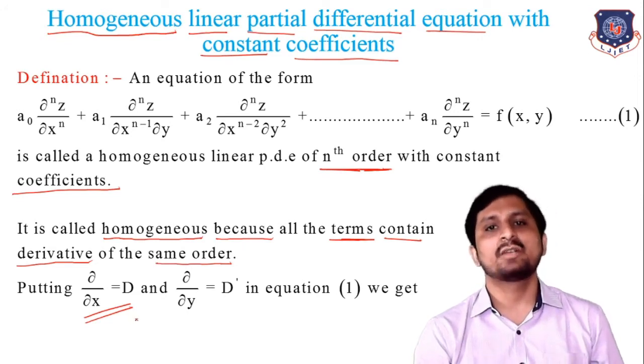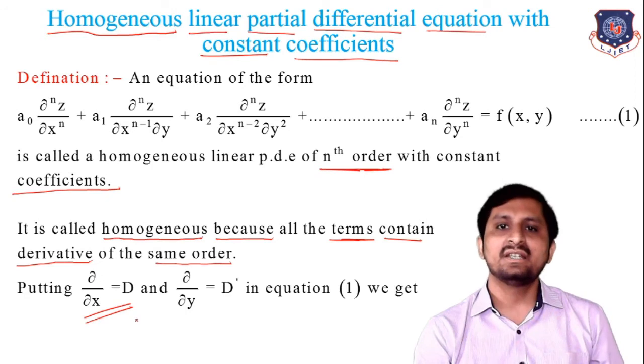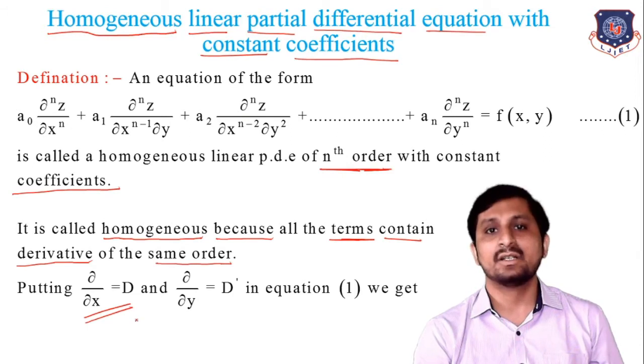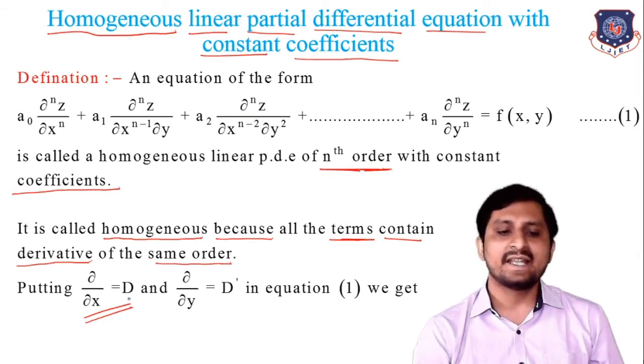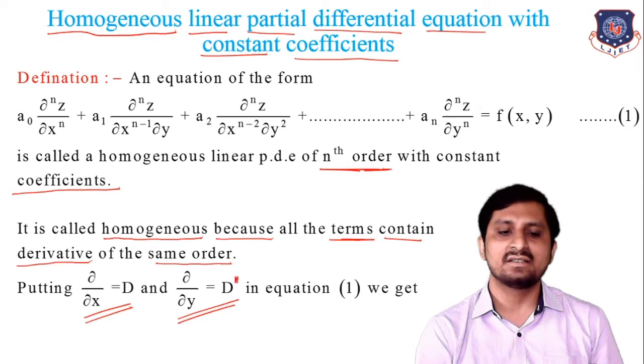But when you are talking about partial differential equation, here x and y both are independent variables, where z is a dependent variable. So that's why we have to use two notations, del by del x equal to capital D, and del by del y equal to D dash. Okay, so this is D dash, right?